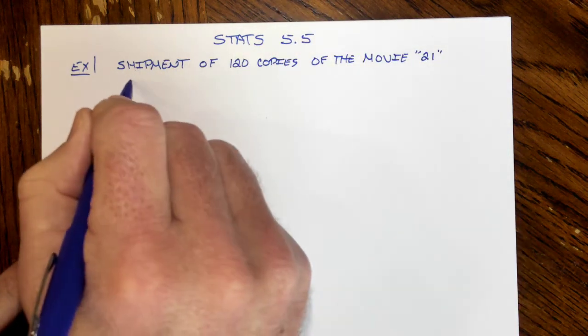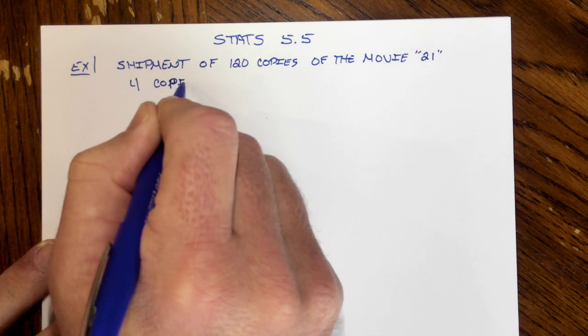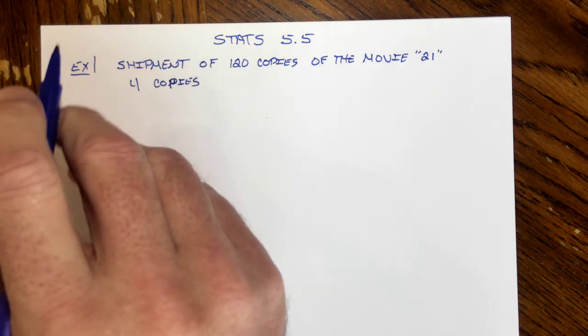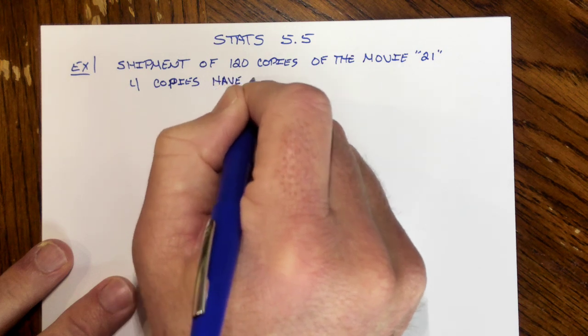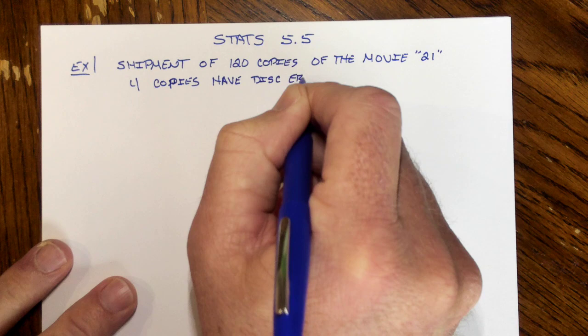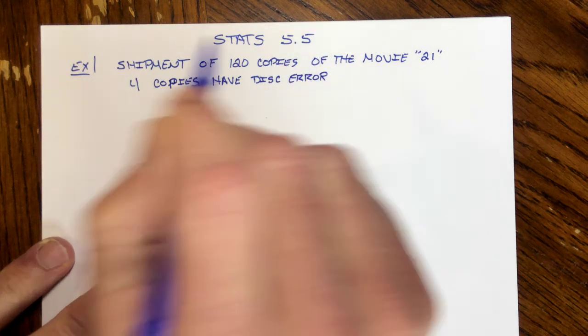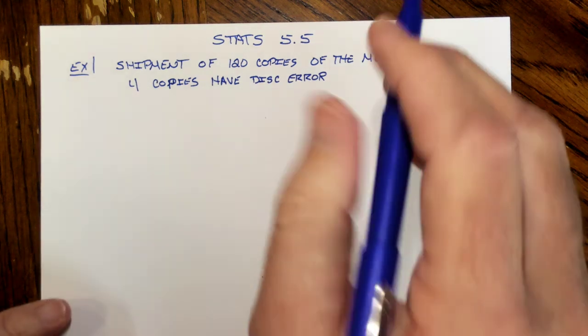Four copies have disk error. And you just can't read it. It pauses, it skips uncontrollably, whatever. Let's say it skips.